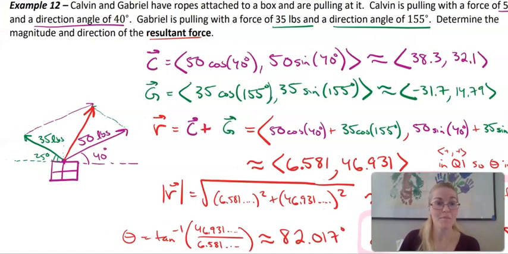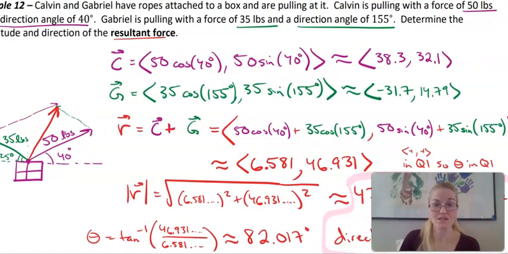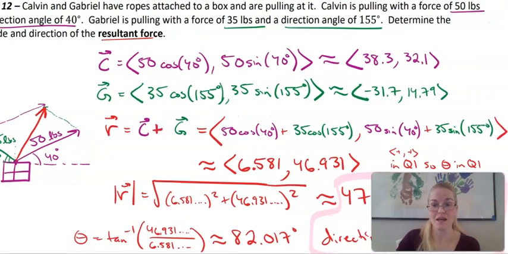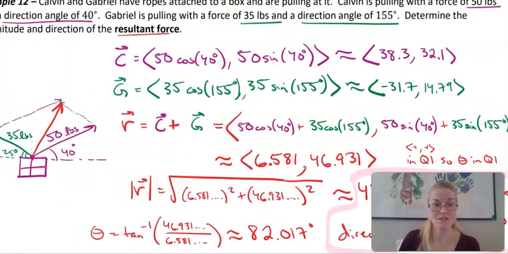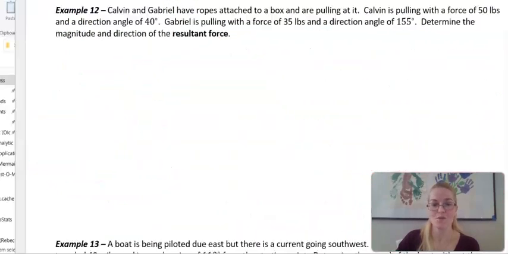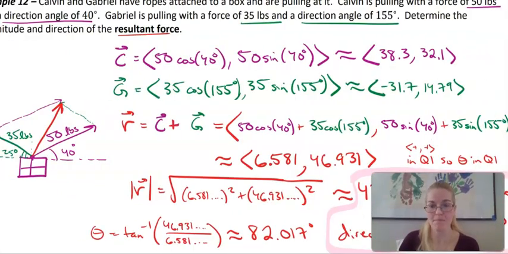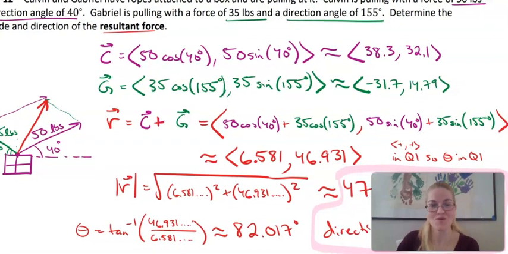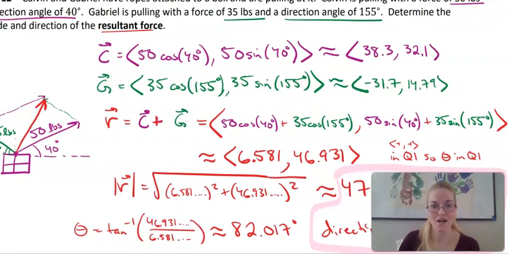So find the magnitude and direction of the resultant force. I can say, well, the magnitude is just the square root of our components squared. Again, use your exact values.